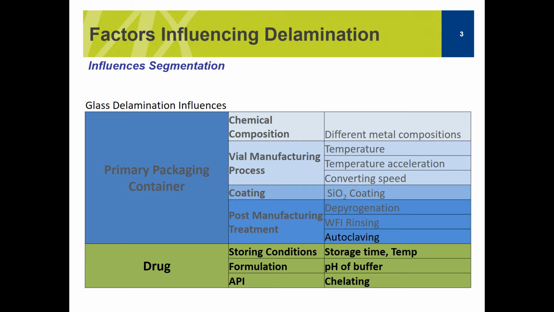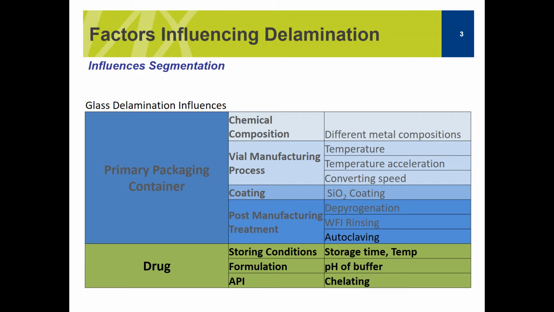So again, you've seen this table in module number 1, where we talked about the different influencers of delamination, and we explored in detail everything that has to do with the vial.